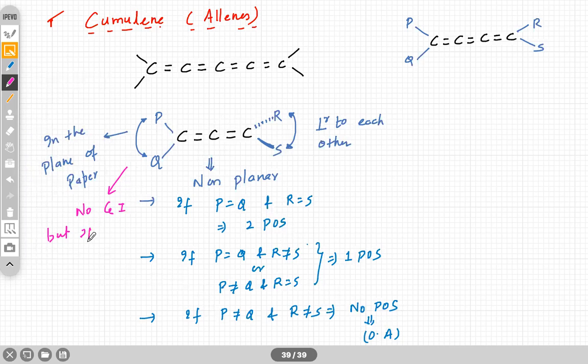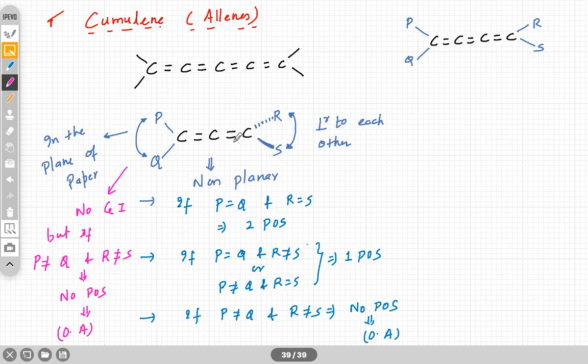But if this condition is true, P not equal to Q and R not equal to S, then we do not have a plane of symmetry, and hence it is optically active.